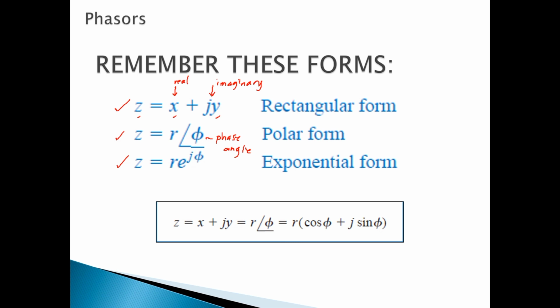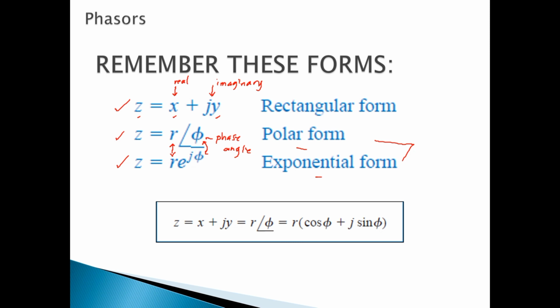So our polar form and exponential form are almost the same. Our r is equal, and our phi is also the same. Just the form is different and also the name. So Z is equal to x plus jy is equal to r angle phi, which is equal to r cosine phi plus j sine phi.